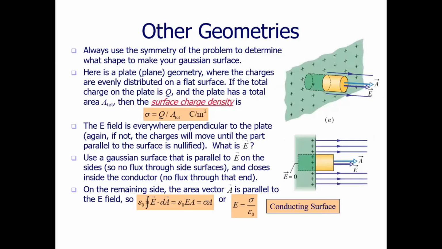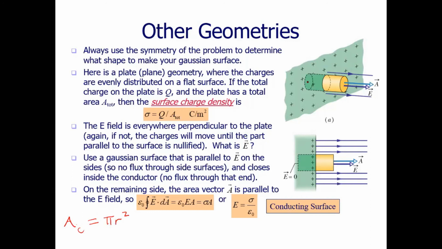What is the area of a cylinder? What is the formula for the area of a cylinder? Do you remember? If it is a closed cylinder, then we have the area of this circle here, which is pi r squared.